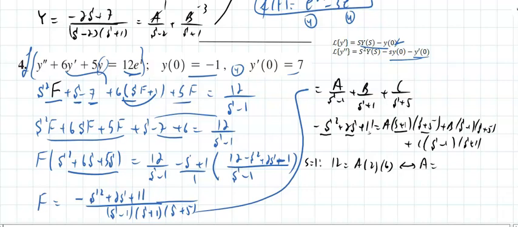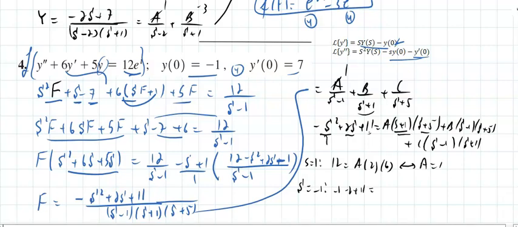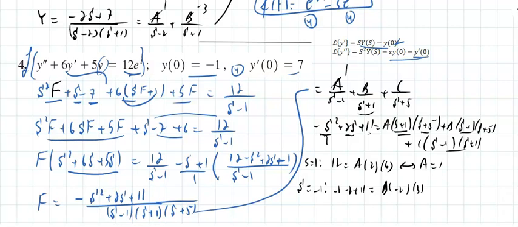And let s equal negative 1. I'll get negative 1 minus 2 plus 11 equal, that's a 0, b times negative 2 times 3, and that's a 0. So that is 8 equal, let me see, negative 2, that's a 4.